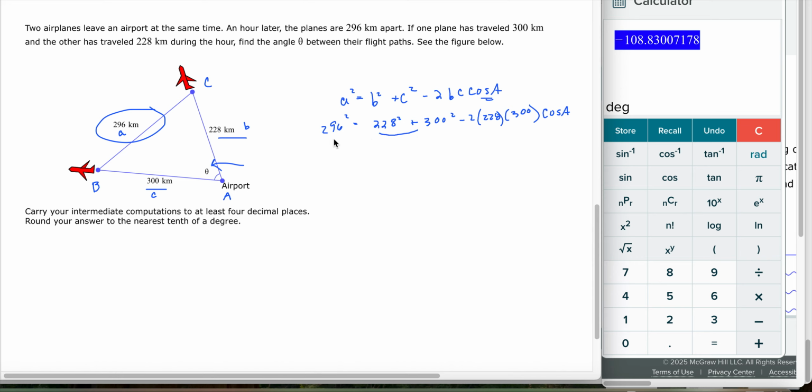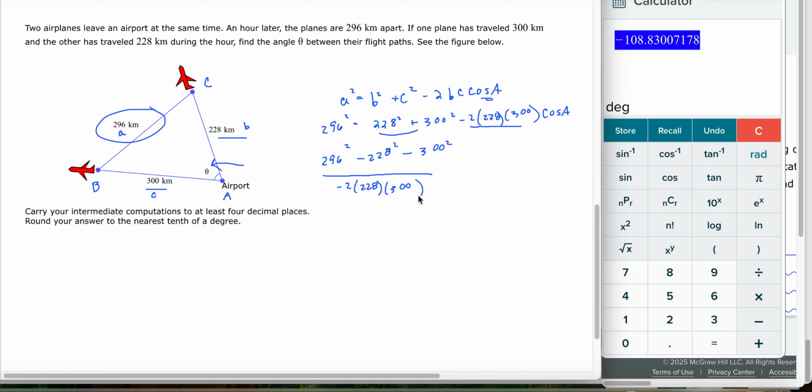Obviously, we're going to add these two together, subtract from 296 squared, and then divide by negative 2 times 228 times 300. So this will be 296 squared, and then we would be subtracting 228 squared and 300 squared. And then we would be dividing by negative 2 times 228 times 300. And that would equal cosine A.